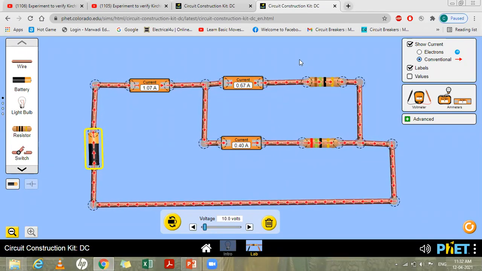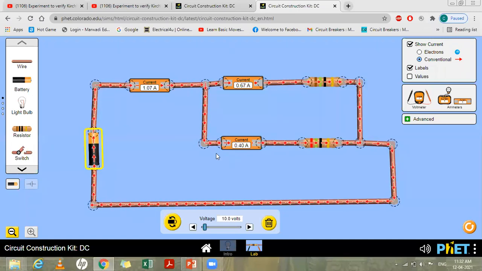So you can see the current which is passing through the 15 ohm resistance is 0.67, and as in the second branch the value of resistance is more, you will get the lower value of the current.